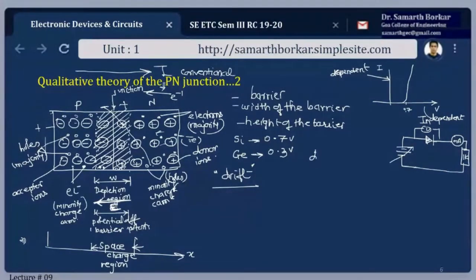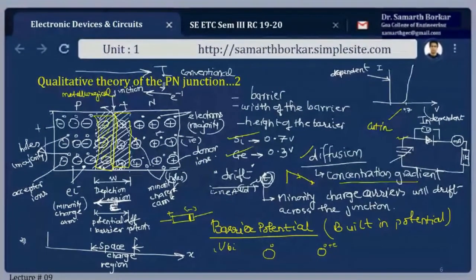Earlier, we had started our discussion purely with diffusion. This diffusion is due to the concentration gradient of any semiconductor junction, which conducts heavily in one direction and opposes the flow of current in the opposite direction. So let us consider this as an immobile ion with a hole. This is the hole, and this is the immobile ion.